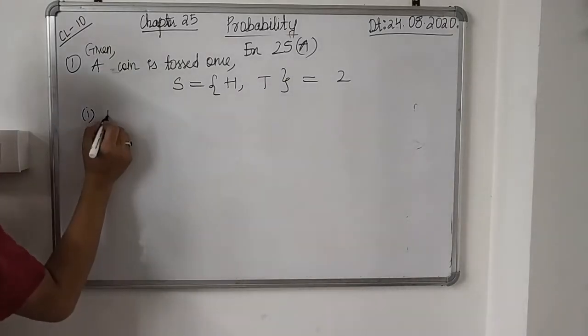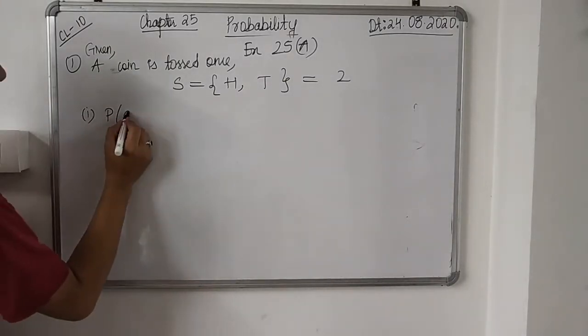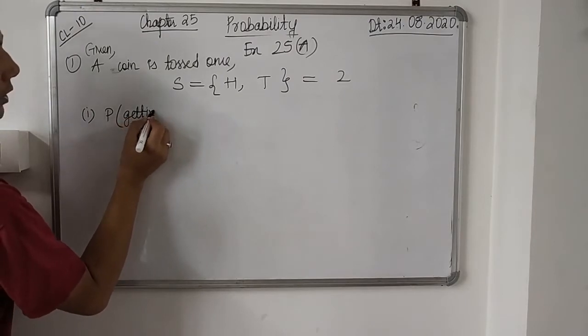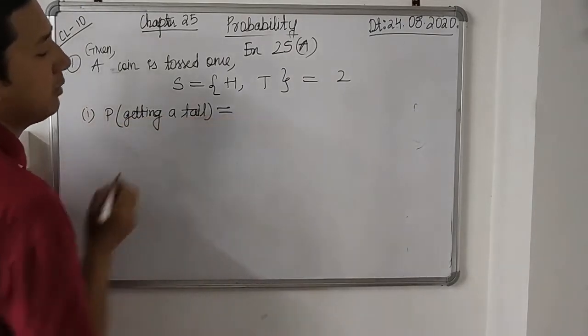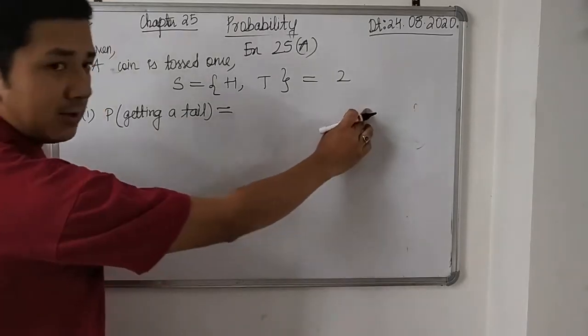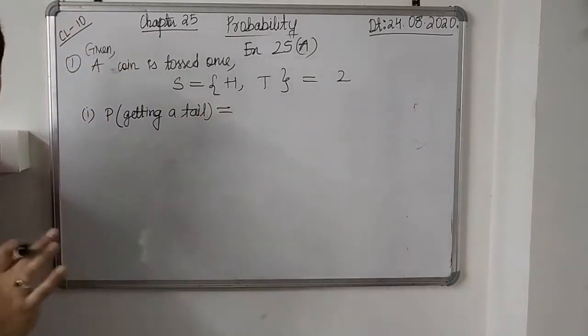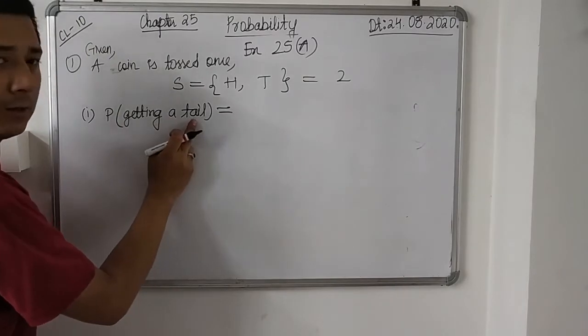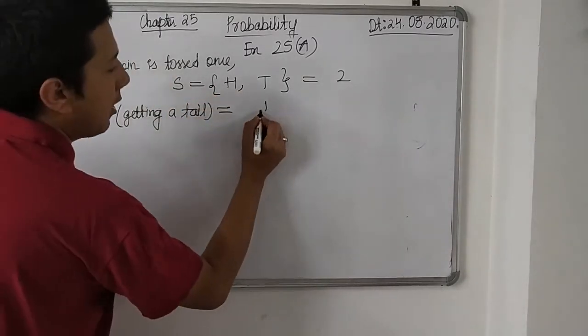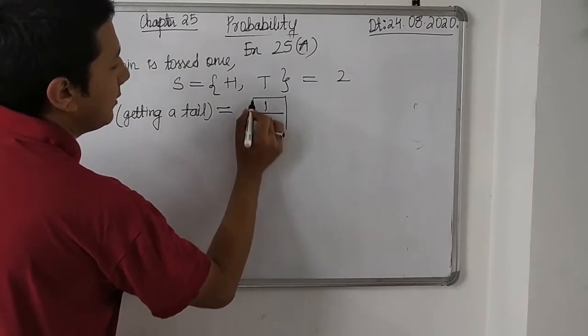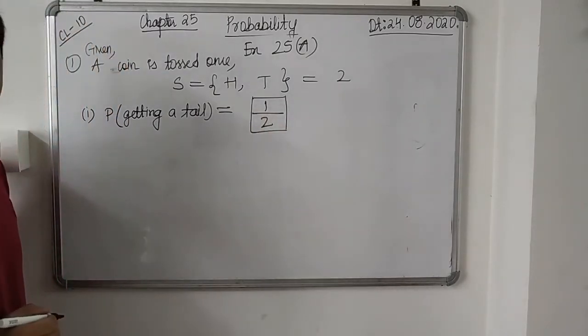You have to write down capital P, getting a tail. What is the formula? Number of favorable chances divided by total number of outcomes. Getting a tail. Now go back to the sample space. How many chances? Only 1 chance out of 2. So this is your answer. Clear?